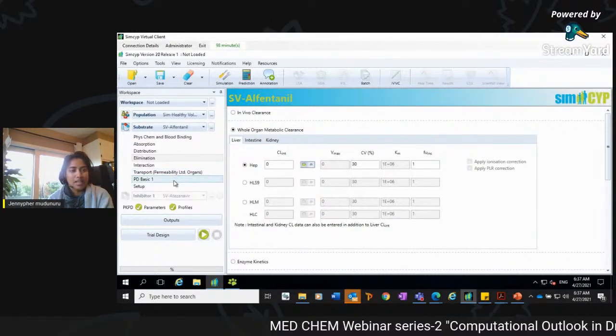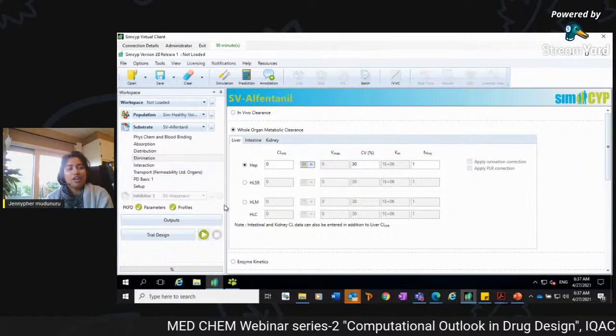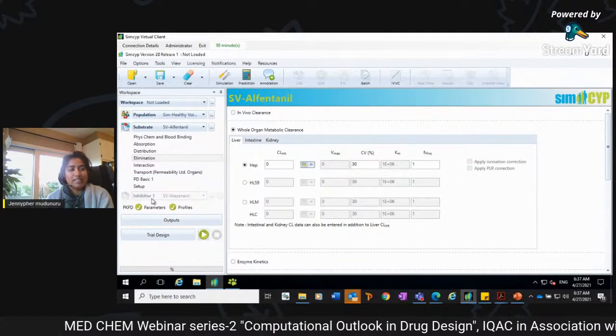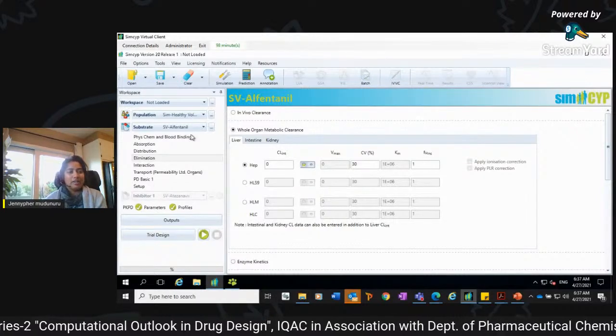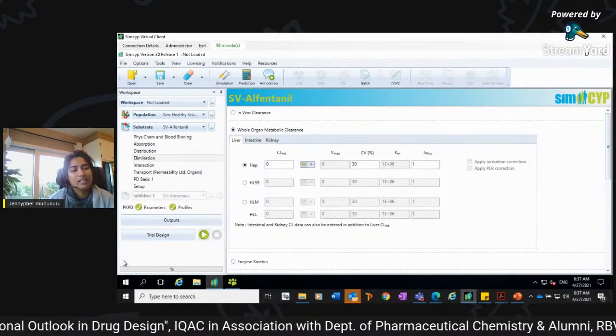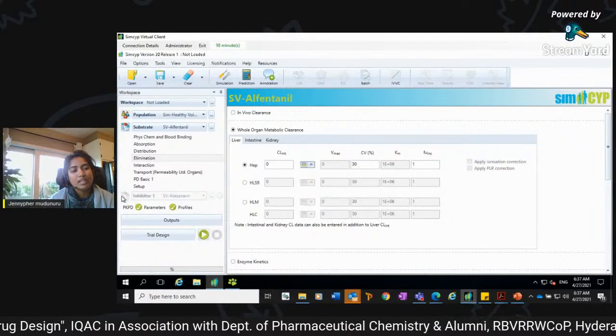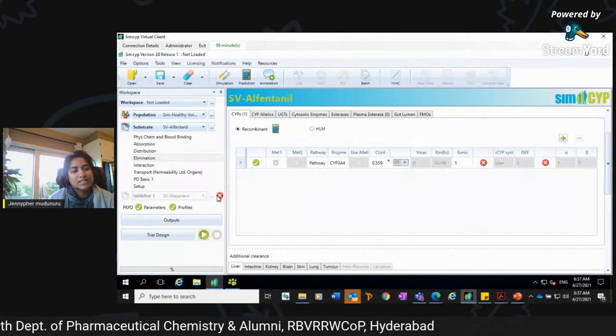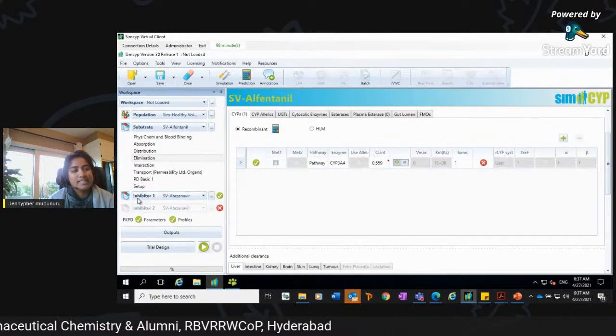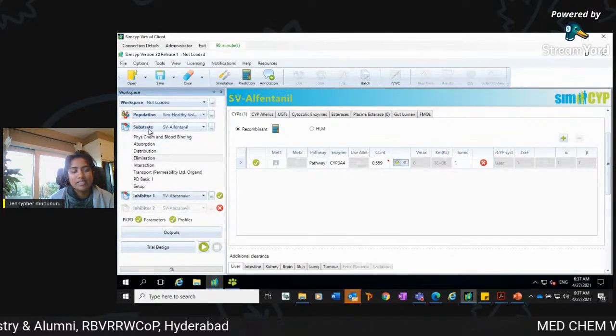So when we are doing drug-drug interactions, basically there's another option here, which is grayed out right now, but when you build the actual model, you will be able to do it. So this is inhibitor. So as you can see, it defines it, inhibitor and substrate.